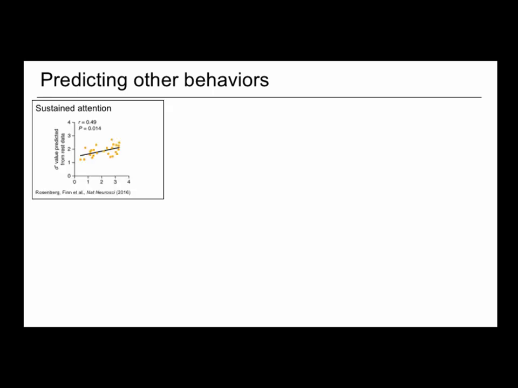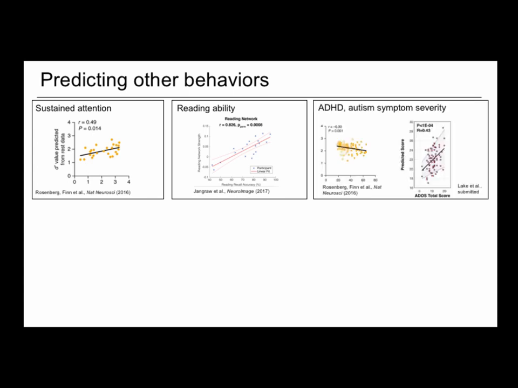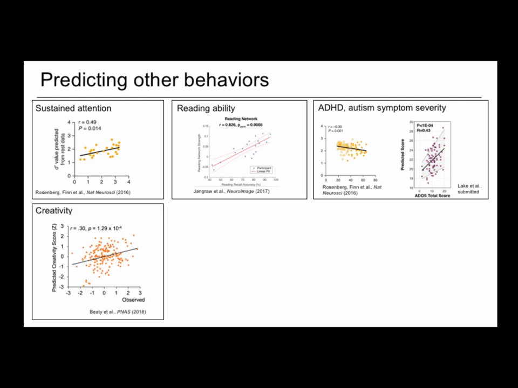And before and since, there have been a lot of attempts to predict other behaviors, many of them successful. We've also been able to show that resting state connectivity can predict people's ability to sustain attention. Dave Jangra in our lab has extended this to predicting reading ability, which I'm sure he'll talk more about in a couple weeks in this course. We've seen some initial traction in using this to predict symptom severity in psychiatric illnesses like ADHD and autism.